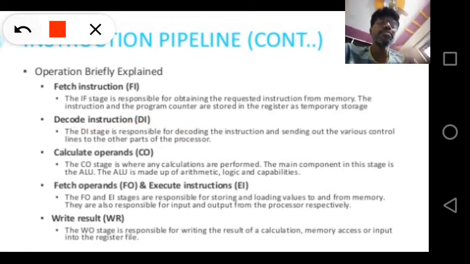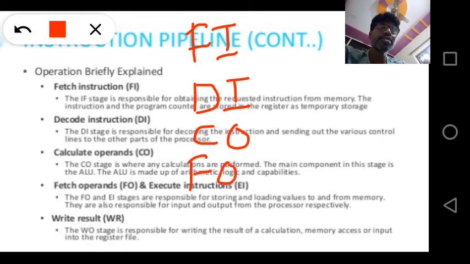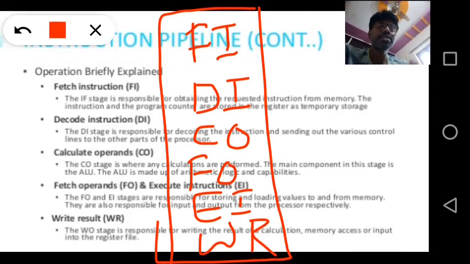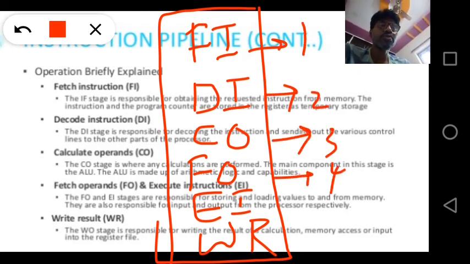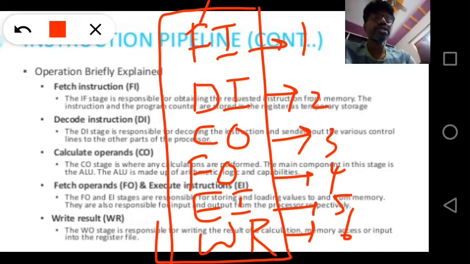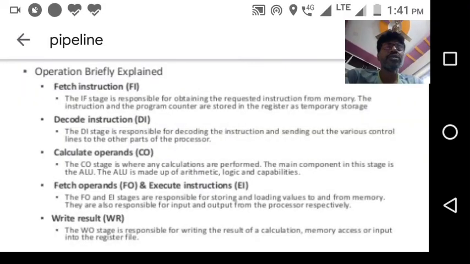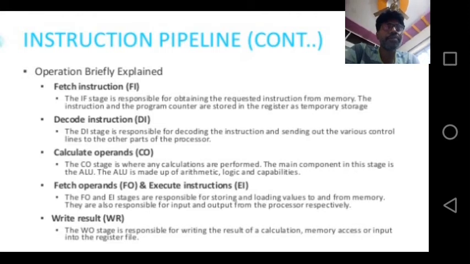They are fetch the instruction, decode instruction, calculate operands, fetch operands, execute instruction, and write the results. So these are the 6 stages: 1, 2, 3, 4, 5, and 6. These are the different stages of the instruction execution pipeline in a typical computer.